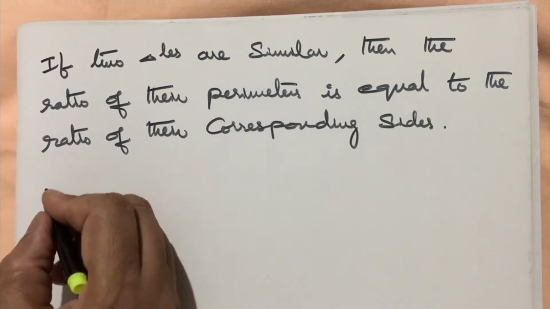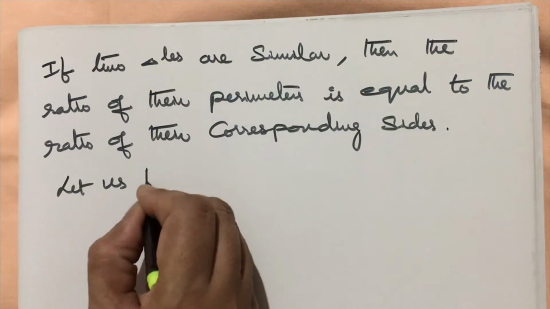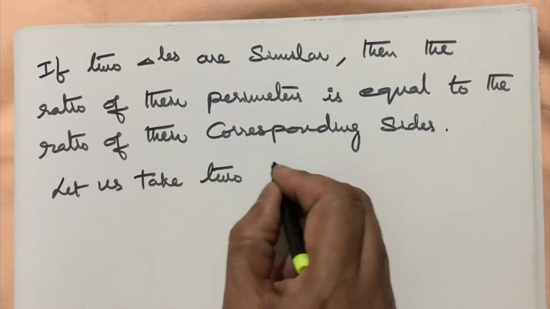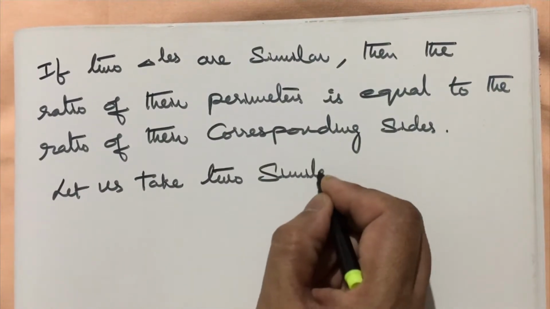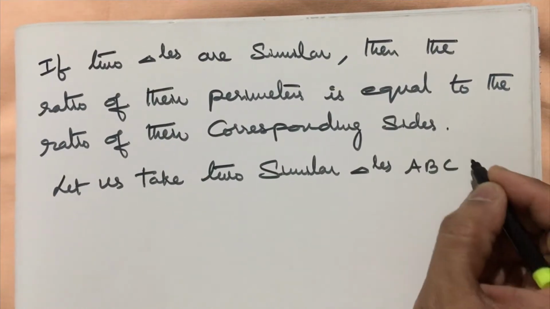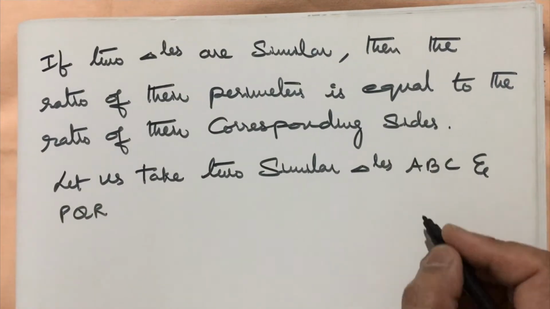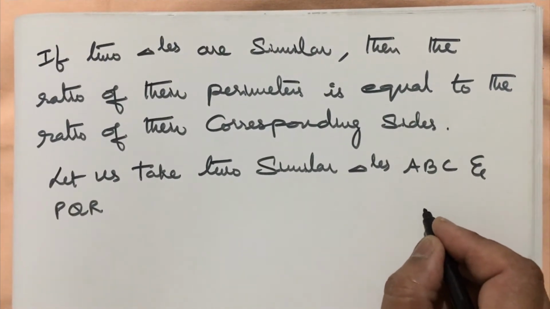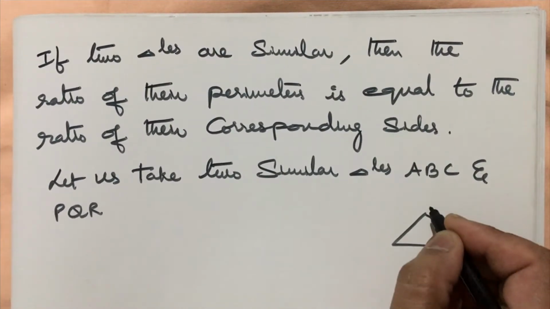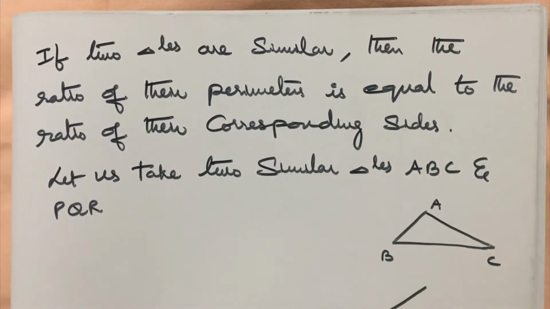How to prove it? Let us take two similar triangles, ABC and PQR.